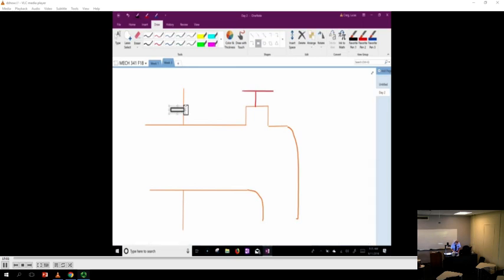The black things are screws. Bolts. It's going to be square.